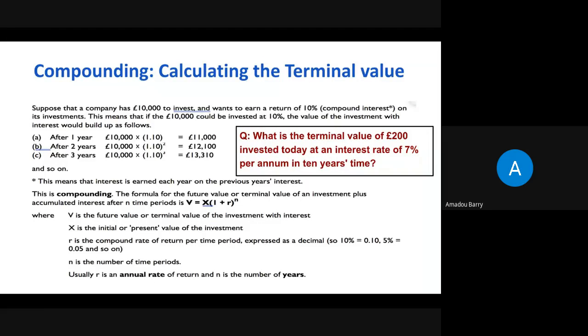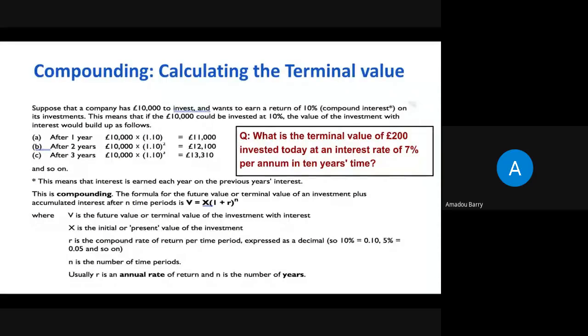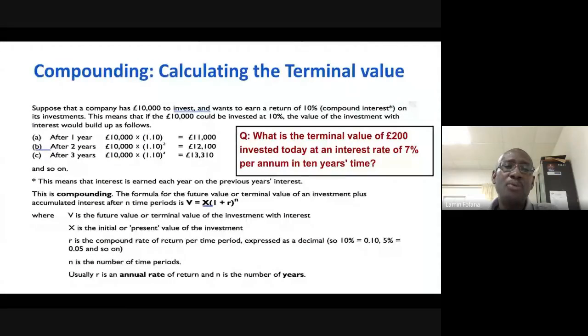So what you do, Roger, is type 10,000 in your calculator, then multiplied by, open brackets. On your scientific calculator, there should be a bracket open. Type 1.1, close bracket, then press that sign that looks like either a V or y raised to power x.